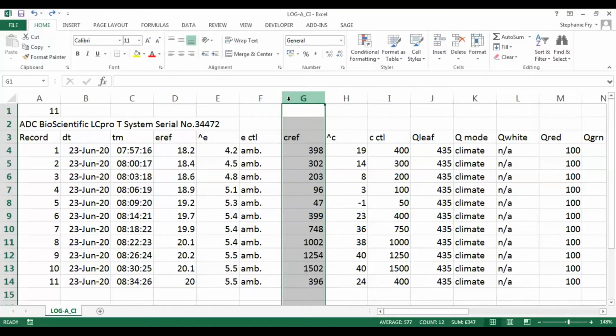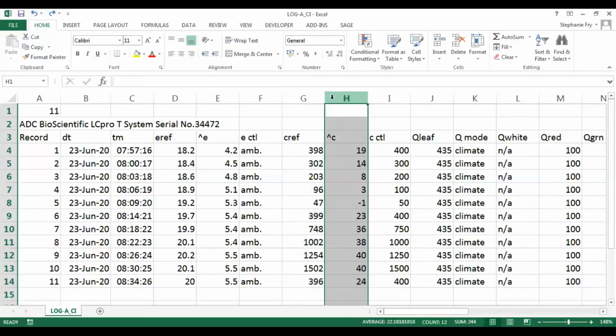These values were created through the sequence file and programmed in to decrease and increase and then decrease again to the start value. In column H, delta C denotes the difference between the C reference value and the C analysis value from the leaf chamber.